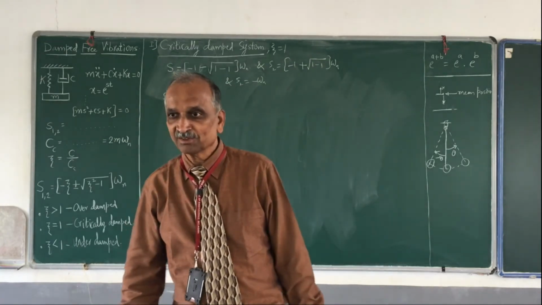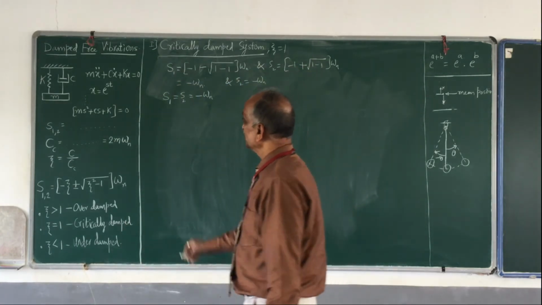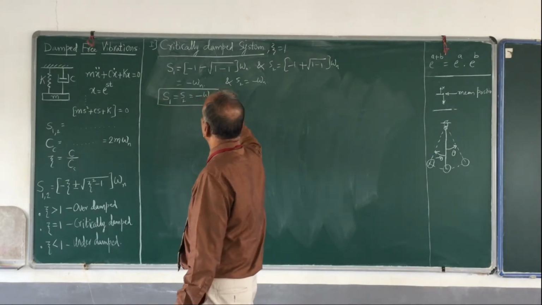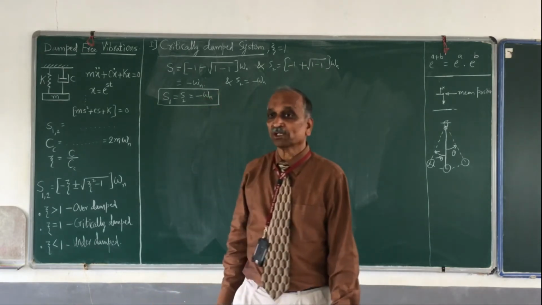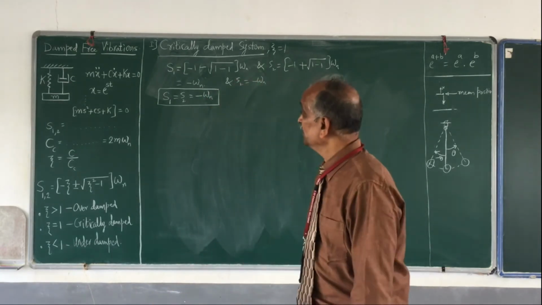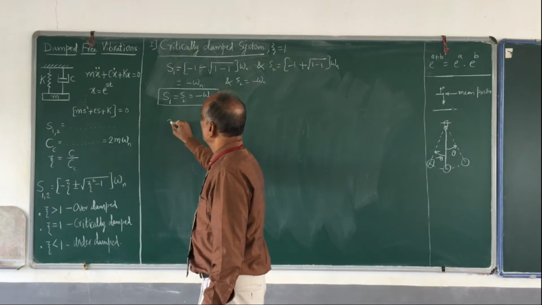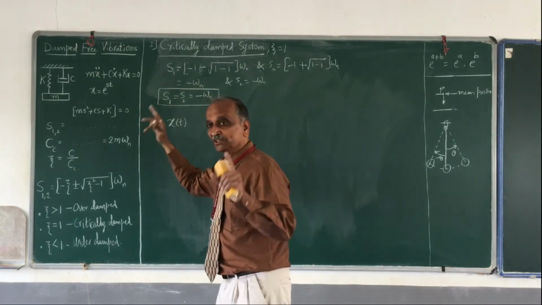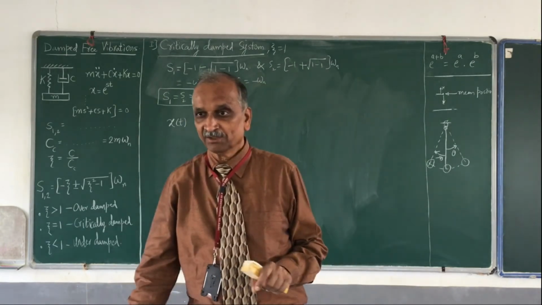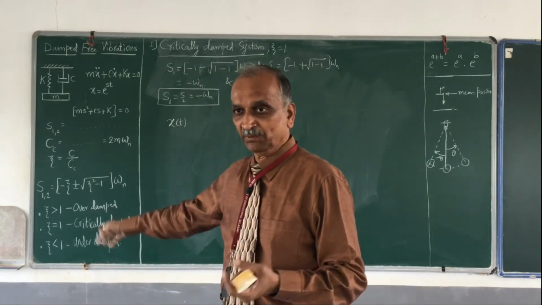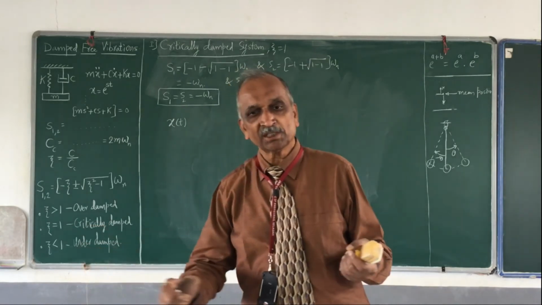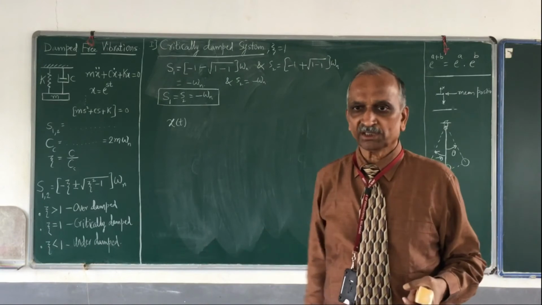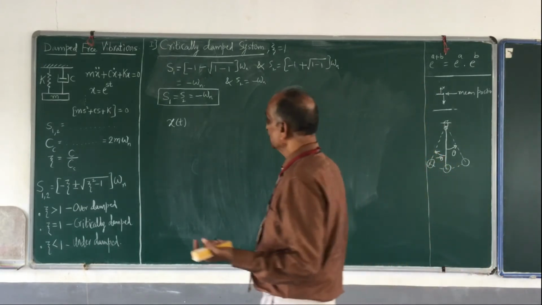Very different. Okay. So this is the case when the two roots are one and the same. Then we have a different way of writing what is called as the general solution. If two roots are distinctly different, as in the previous case, we wrote the general solution as C1 into e raised to S1t plus C2 into e raised to S2t. But here I cannot write like that.